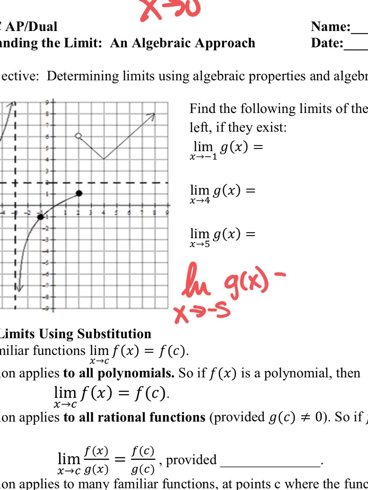Remember, in order to check these limits, you need to look on the graph from the left and from the right and see if they're approaching the same value. So that limit will only exist if from the left and the right it's approaching the same value.